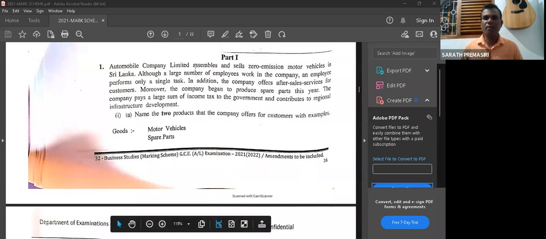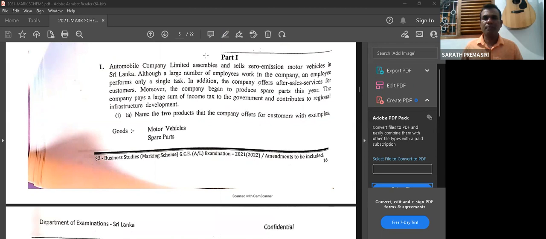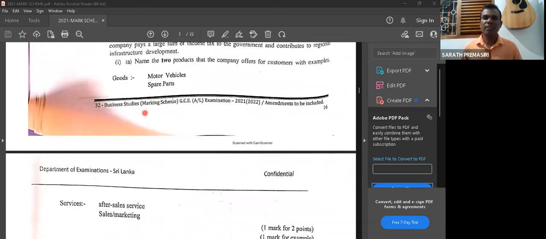Look at question number 1. See whether you are able to identify. Name the two products that the company offers for customers with examples. Goods: motor vehicles, spare parts. Pay attention to products. Products are concerned with goods and services. Motor vehicles and spare parts are one example.